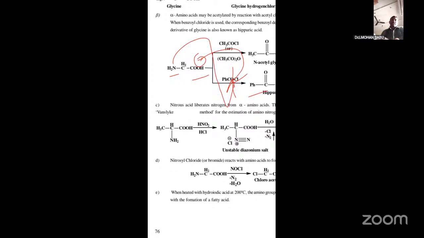To avoid this problem, we treat with sodium hydroxide and make the acid group a salt, COO minus Na plus. So the carbonyl terminal becomes inactive, and only the amino group is in the active, free form. It reacts with benzoyl chloride and you get benzoyl glycine, or hippuric acid.